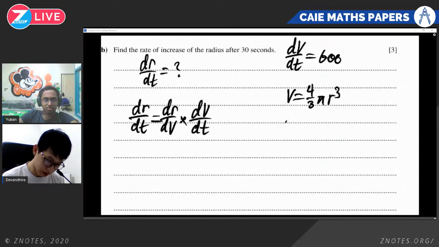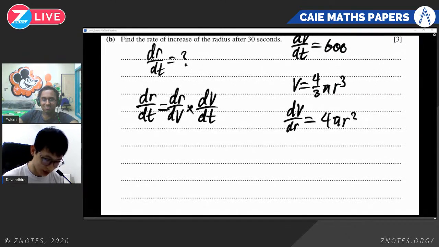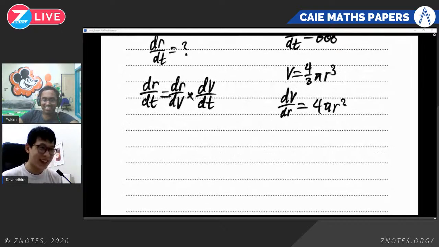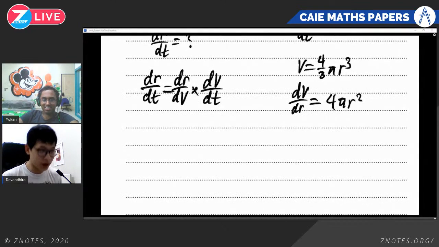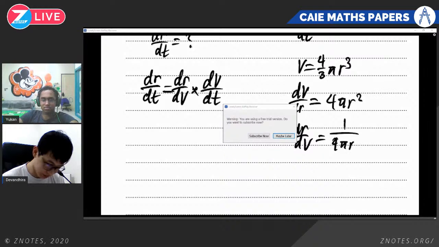We can differentiate that with respect to r. dV/dr is equal to, coincidentally, the surface area of a sphere, 4 pi r squared. It's not really a coincidence, but we're not going to talk about that now. If you're going to find dr/dV, you just have to flip it. That means dr/dV is just 1 over 4 pi r squared.